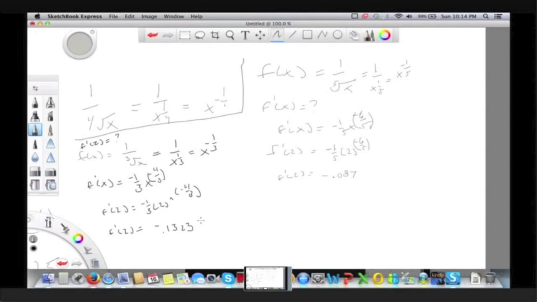Okay, now you did that correctly. So let me ask you, how would you interpret your answer? Do you remember we worked on interpreting this? As x increases from 2 to 3, the value of the function decreases by approximately 0.1323.